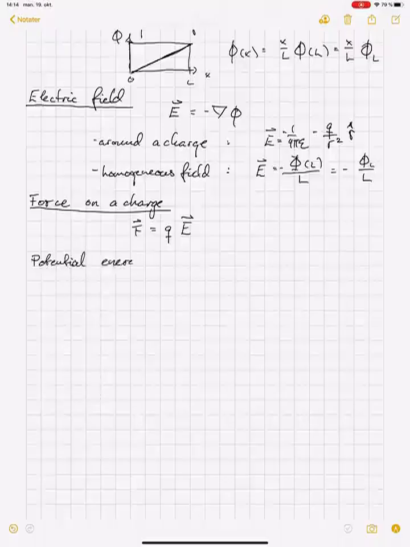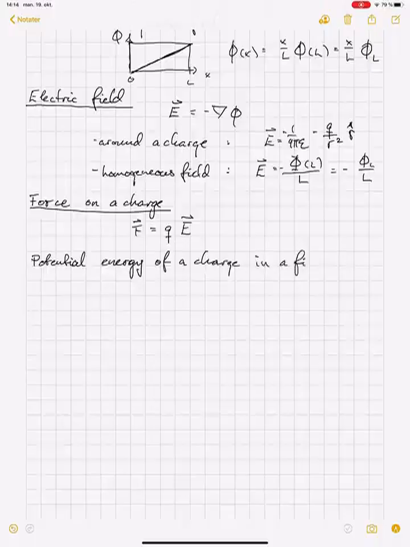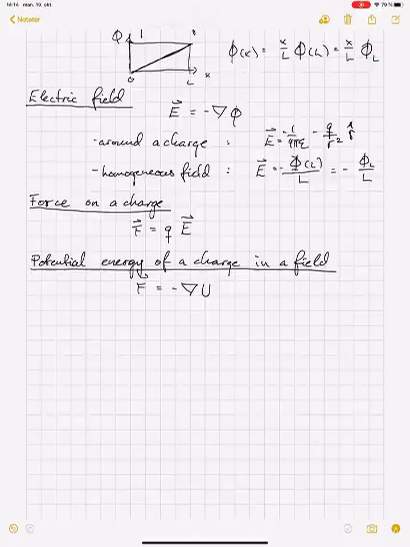of a charge in the field, because with the potential energy we've got something that we can evaluate to get the equilibrium condition. So the potential energy of a charge in an electric field. The force can be expressed as minus the gradient of the potential energy.